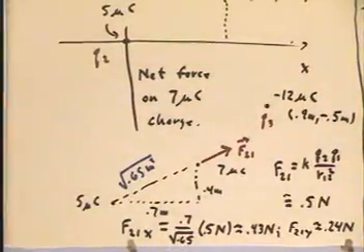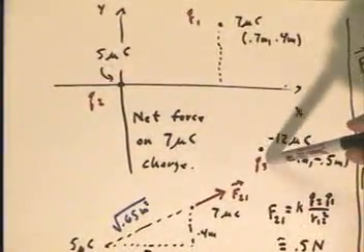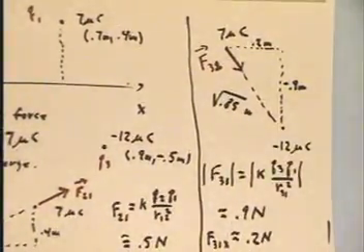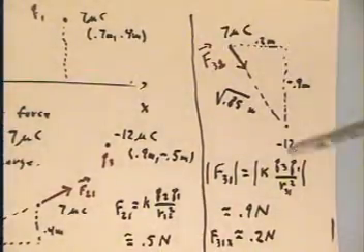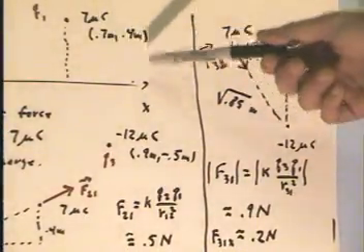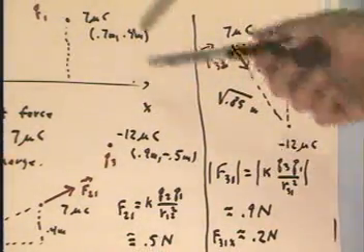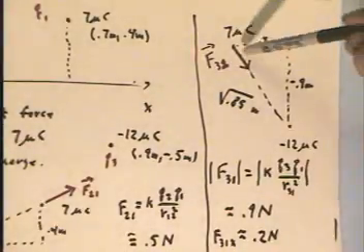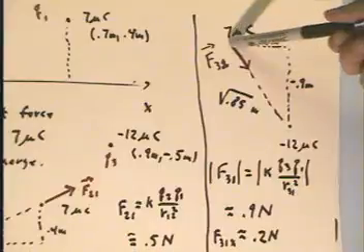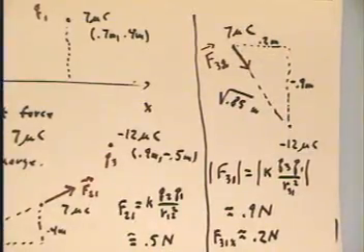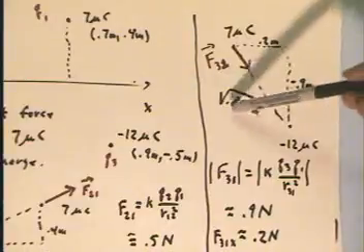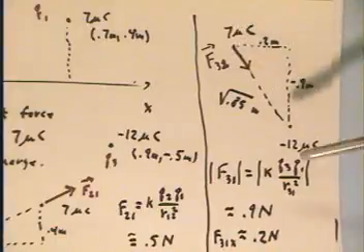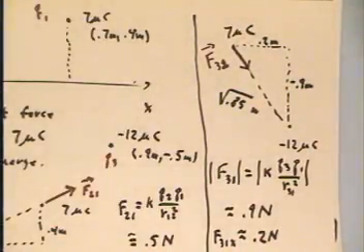We need to do the same thing with the force of Q3 on Q1. So we have to determine the force F31. Well, we'll zoom in on this in a minute, but we see that to go from 0.7, 0.4 to 0.9, negative 0.5, we have to go over 0.2 and down 0.9 meters, so that we have this triangle where we have a 0.2 meter displacement here and a 0.9 meter displacement here, so that we have the square root of 0.85 meters separating the 7 microcoulomb and the negative 12 microcoulomb charge.